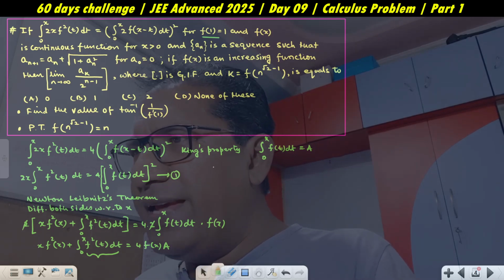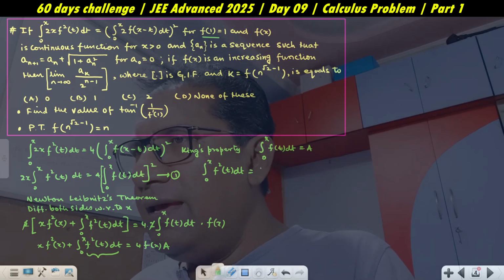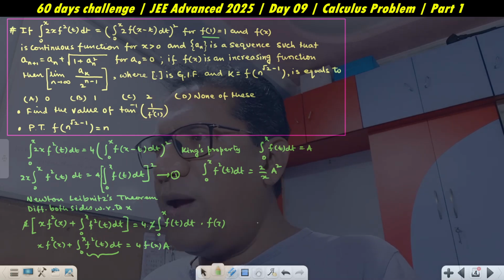So from 1 we can write that the integral from 0 to x of f squared t dt is 2 over x A squared.